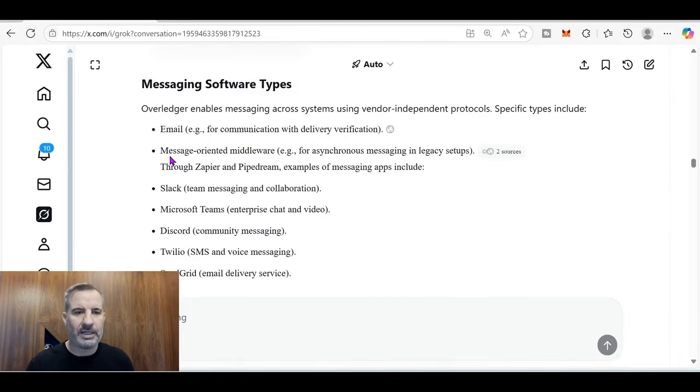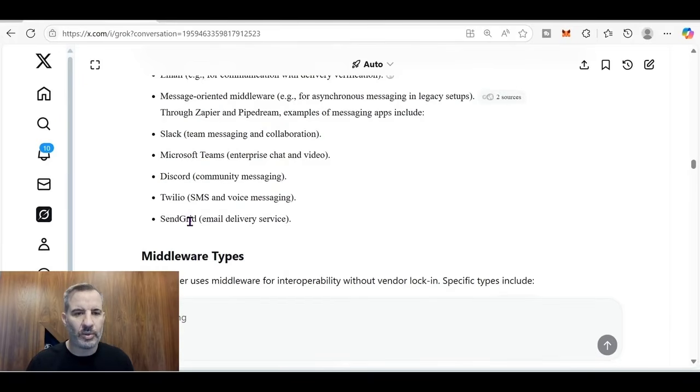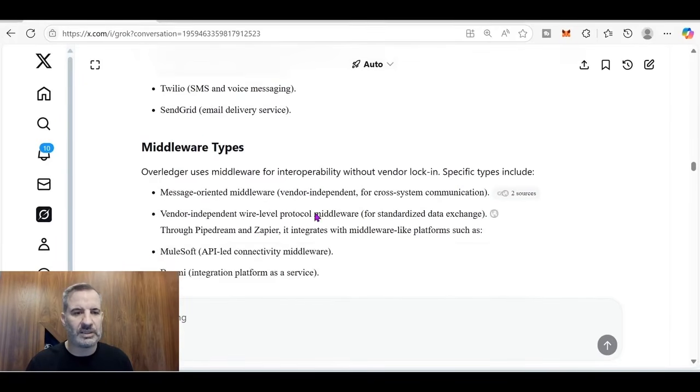Email, different email, Outlook, any type of email can be connected. Message-oriented middleware, Slack for team messaging and collaboration, Microsoft Teams, Discord, Twilio, for example, so SMS and voice messaging can be connected to Quant Overledger. SendGrid, for example, which is an email delivery system, can be connected.